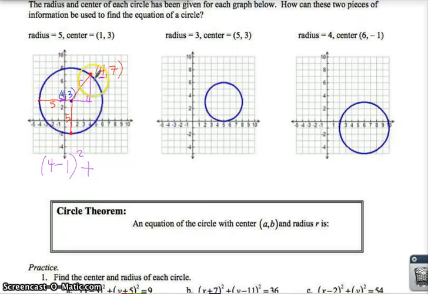Plus, then I'm going to do my y difference, which I can see is 1, 2, 3, 4 units. But again, if I don't know that for sure, then I can take my y value, which is 7, and subtract my other y value, which is 3, and square it.